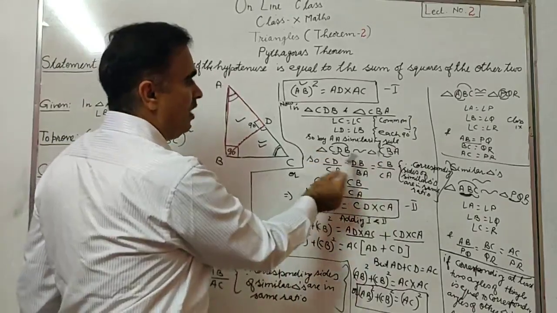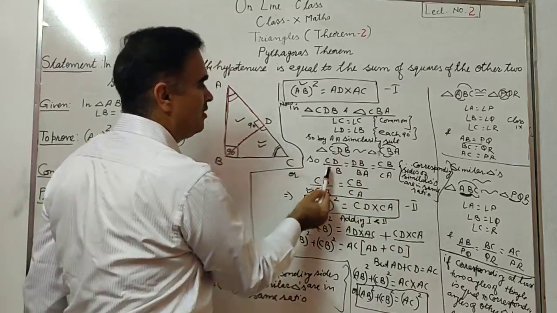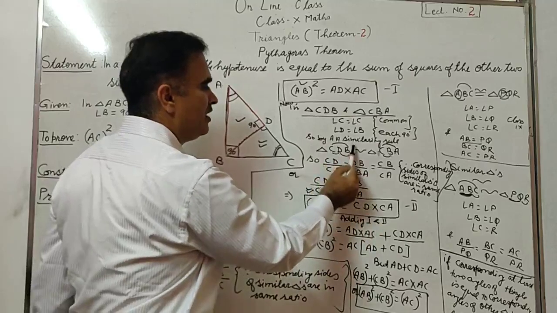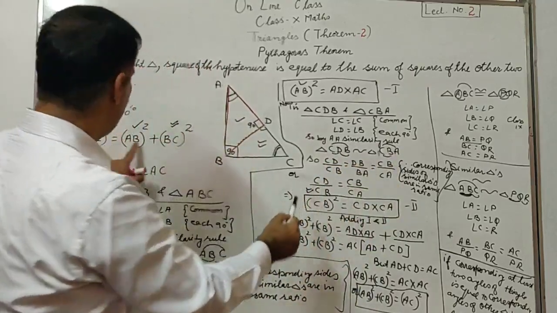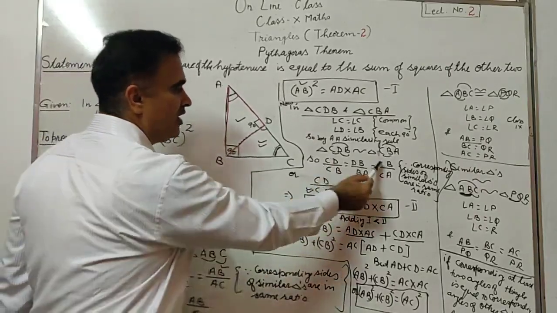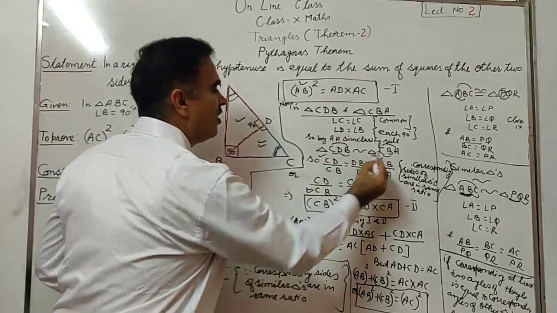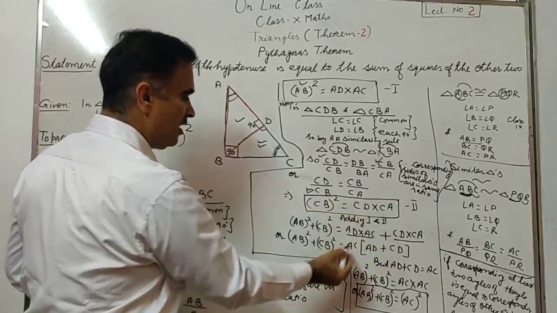Again, the corresponding sides of similar triangles are in the same ratio. Then we take CD upon CB, then DB upon BA, then CB upon CA. We take the one which gives CB square, so we take this and this. Then CB square equal to CD into CA.